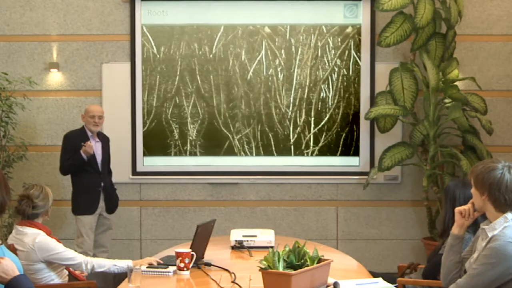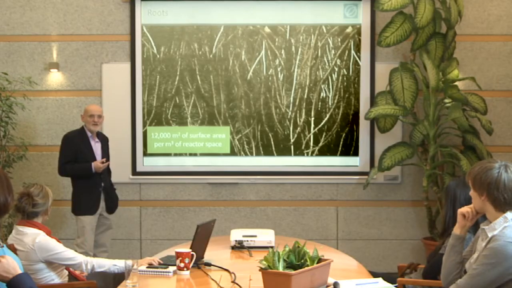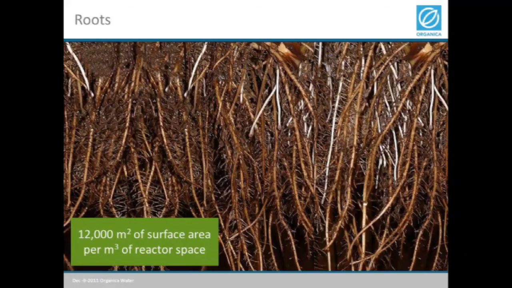I mentioned that one of the benefits of the root zone is that it attracts a lot of life, if you want. It does that in several ways, one of which is that the surface area of a root zone is surprisingly large. We measure about 12,000 square meters of root surface area in each cubic meter of reactor space that the roots occupy.